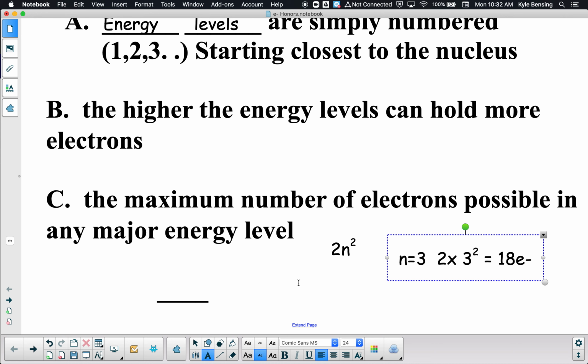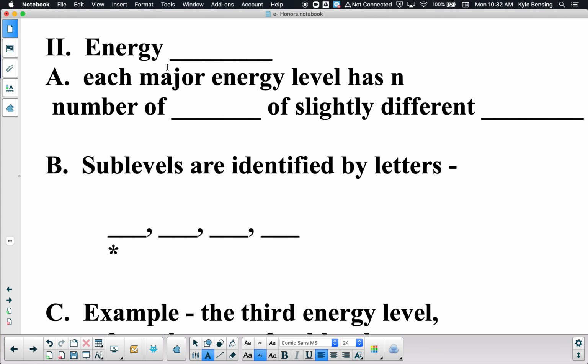So let's focus in a little bit more. Let's focus in on the town. The second part of this, the major energy levels, can be broken up into what we call sublevels. Each major energy level has n number of sublevels. Remember we talked about n equals 3, or the third main energy level.